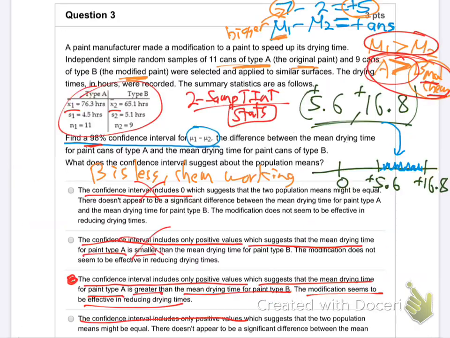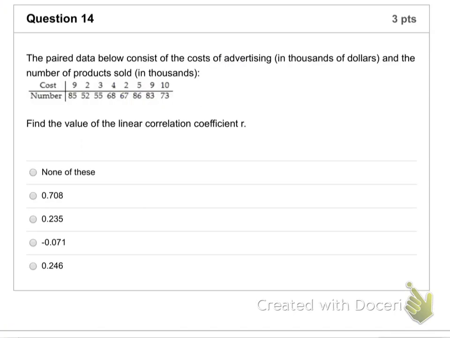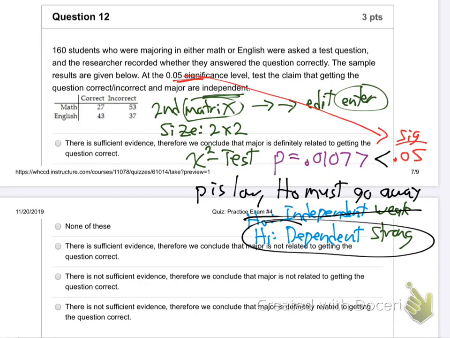So then, going back to the question, what was our conclusion? Dependent, which means they do affect each other, don't they? What does? Your major, math or English, and how many questions you got right on the test. Those variables, your major and your score on the test, affect each other. So which one is our conclusion?